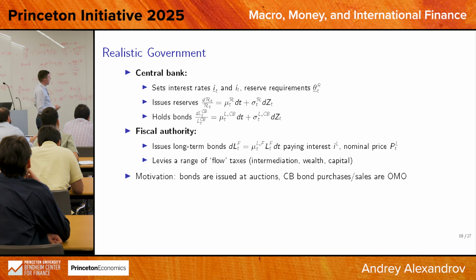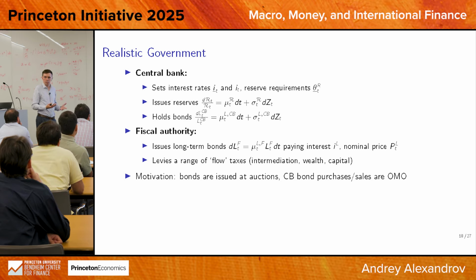The fiscal authority, in contrast, is going to be slower in the sense that it can issue long-term bonds, but only with the drift component. So the long-term bond issuance cannot respond instantaneously to these aggregate shocks. What it captures is the fact that we typically think of central banks as being more flexible, being able to respond to changing economic conditions faster. Bond issuance happens at auctions that need to be set ahead of time.